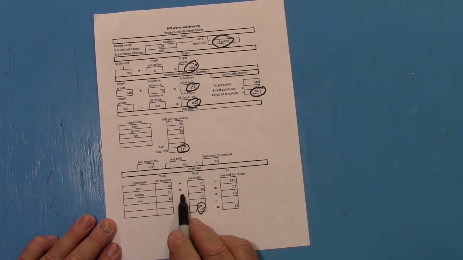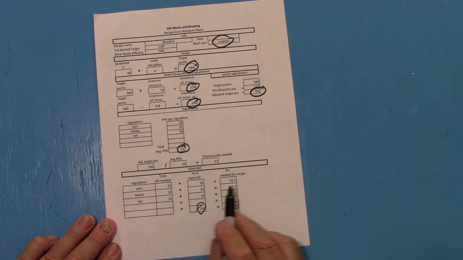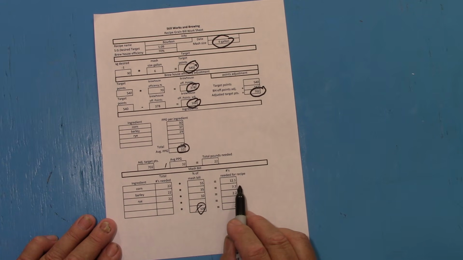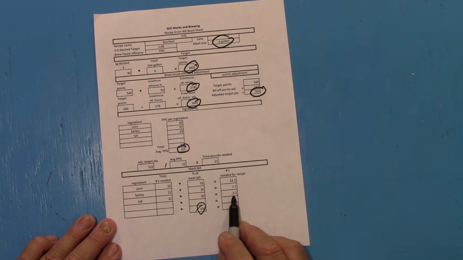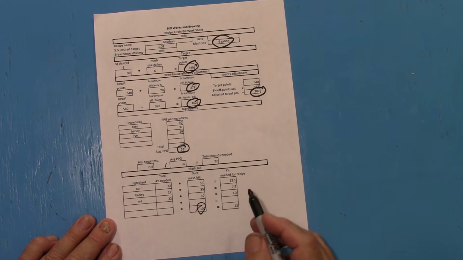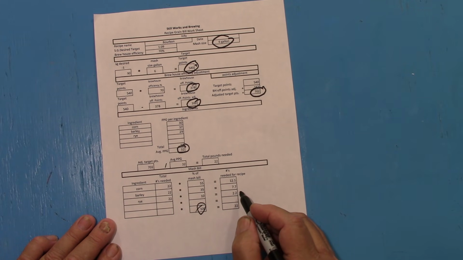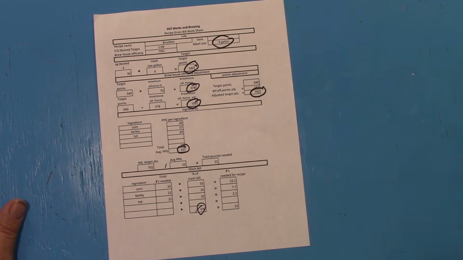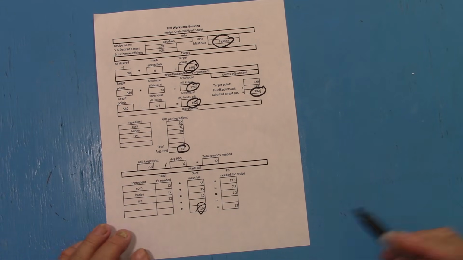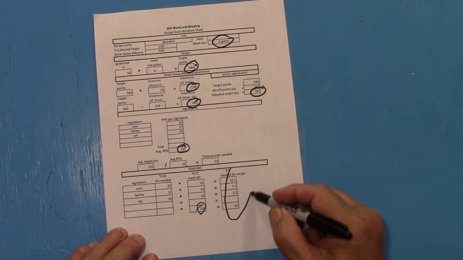Barley, 22 times 35% equals 7.7 pounds. And rye, 22 times 10% is going to be 2.2 pounds for this recipe, and you add it all up, it equals 22 pounds. All right, so there is what we need.